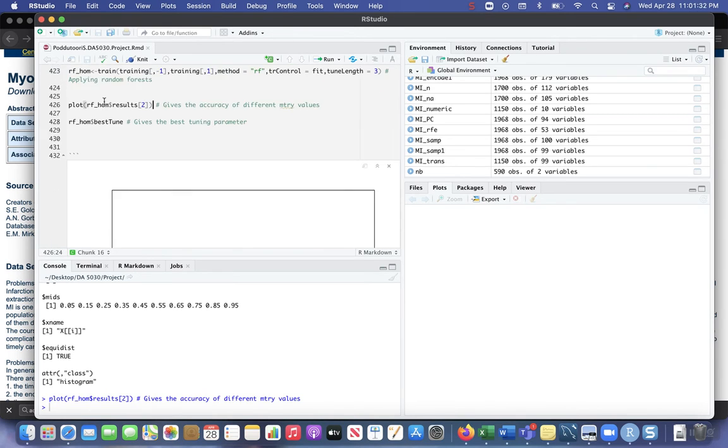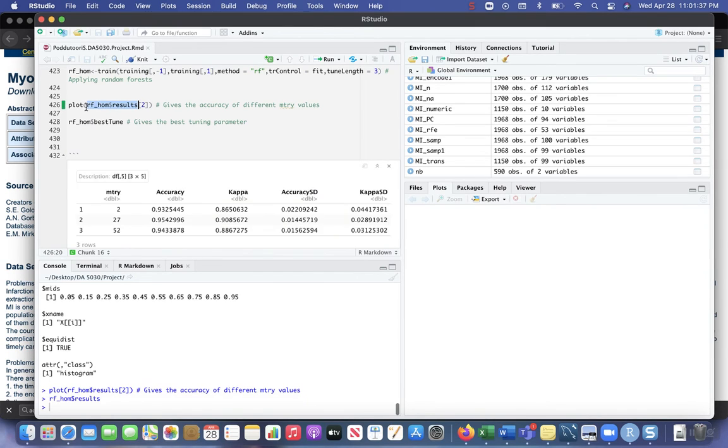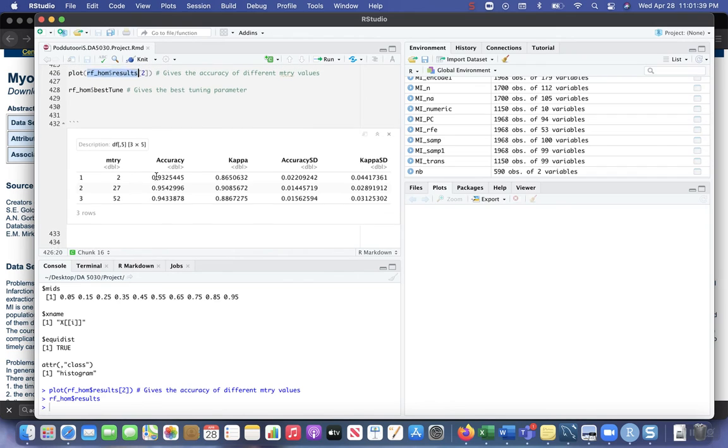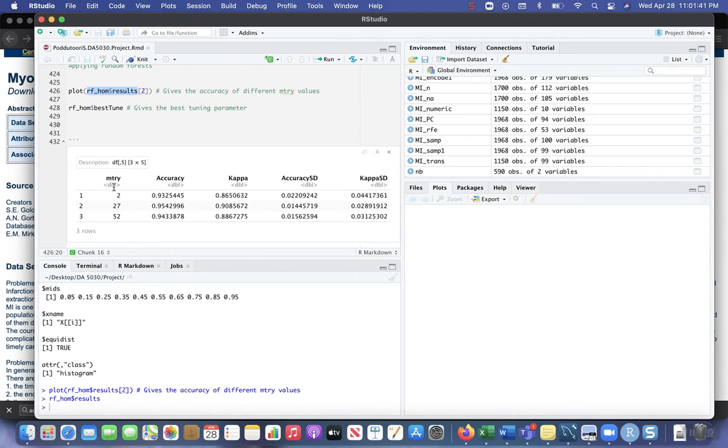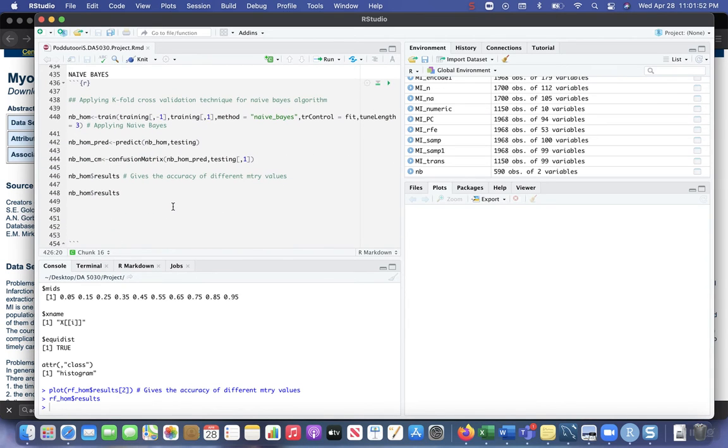This is a plot of the accuracies, and these are the models with different tuning parameters. The mtry ones are 2, 27 and 52, and I think the best one is with mtry 27. Same with the naive Bayes.